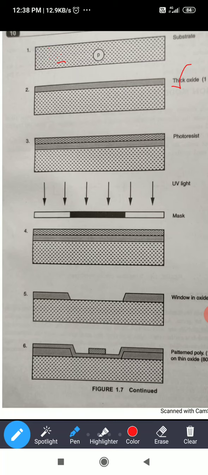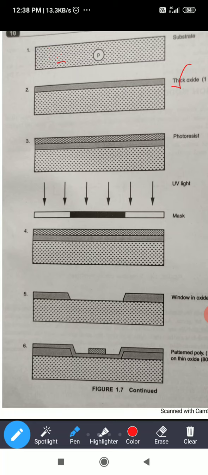Photoresist is a polymerized material. There are mainly two types of photoresist: positive photoresist and negative photoresist.